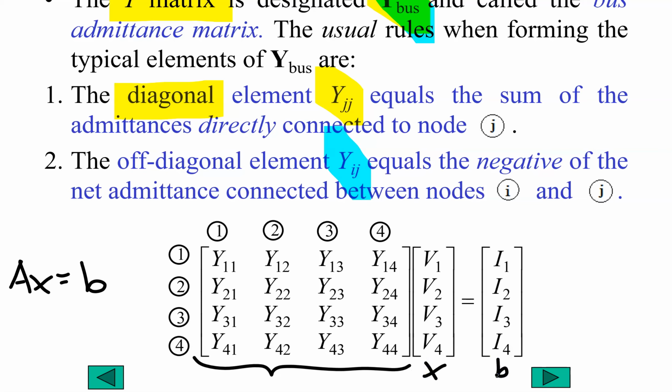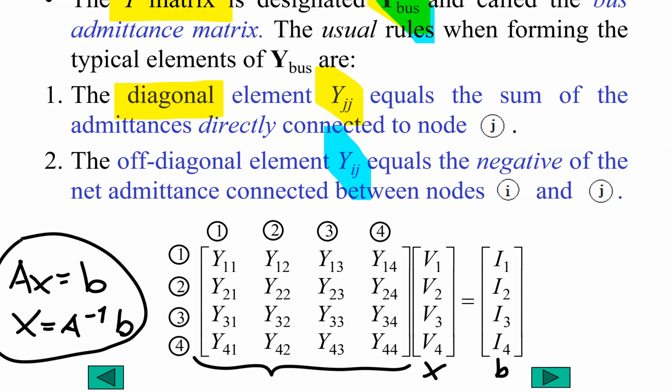When we put it in this fashion, we can solve for X, using the inverse of the A matrix if it's invertible. So this is something you have probably seen before, but now we are using this in electrical equations.